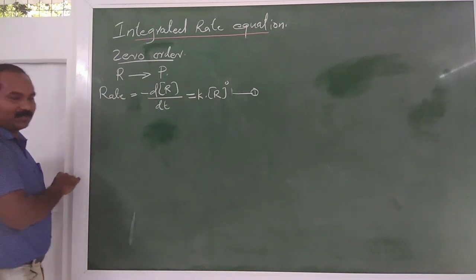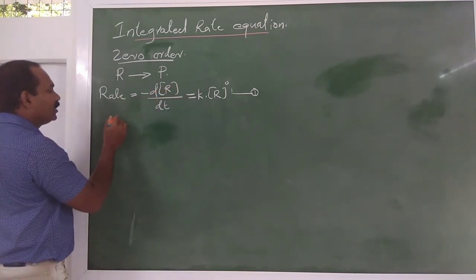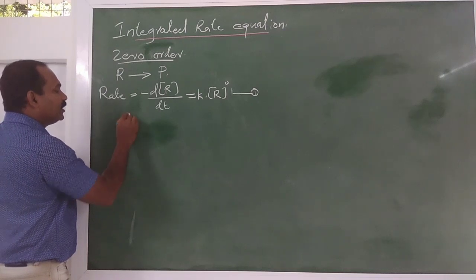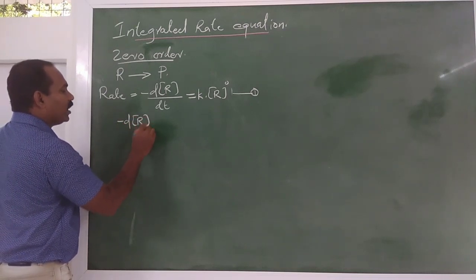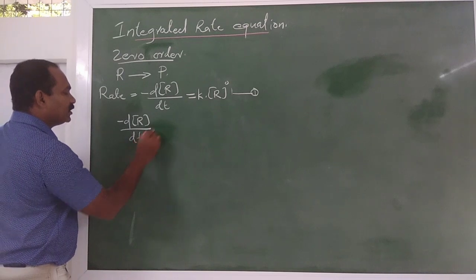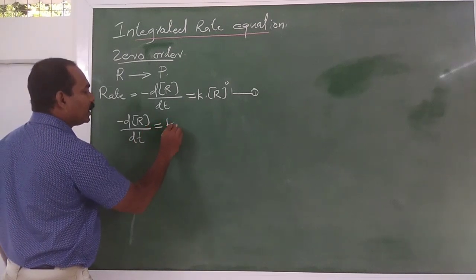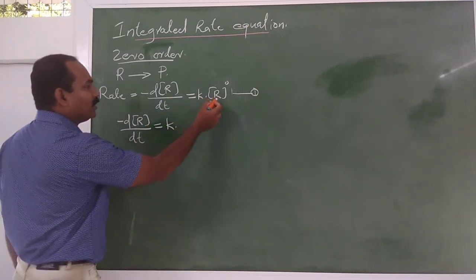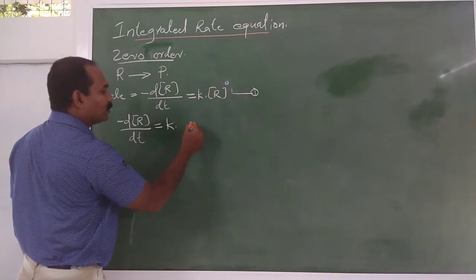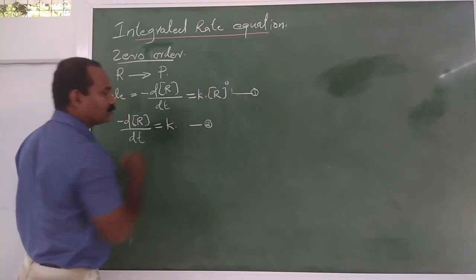Rearranging the equation, first we write minus d of concentration of R divided by dt is equal to k, since any number raised to 0 is equal to 1. This is equation number 2.